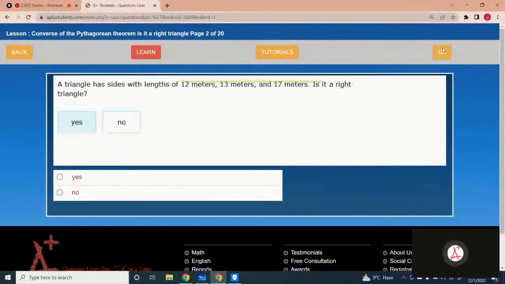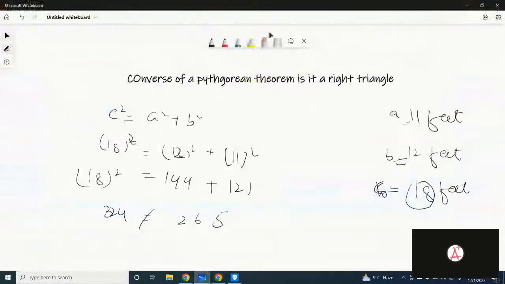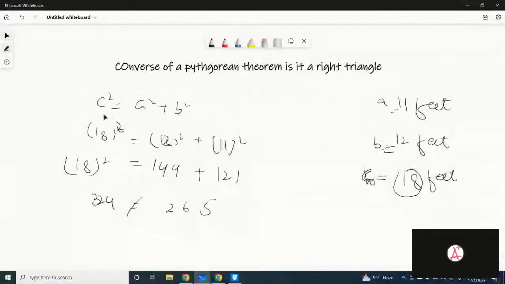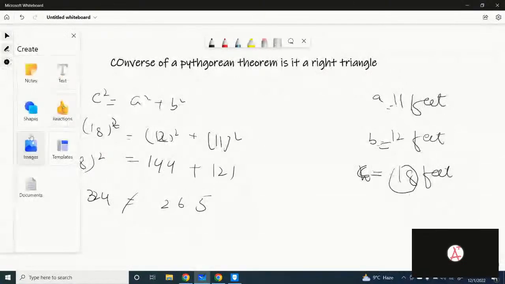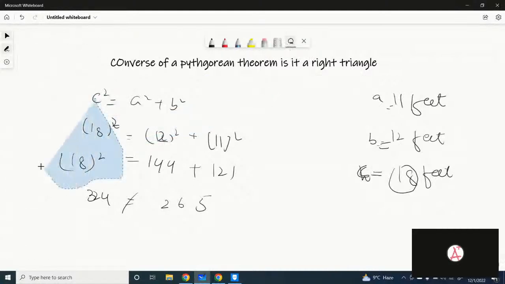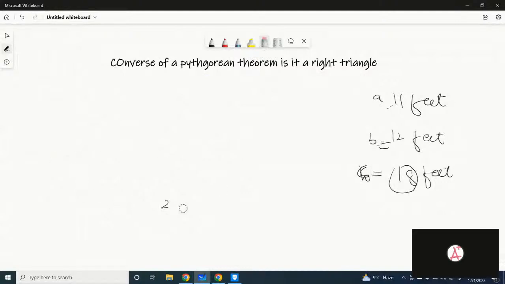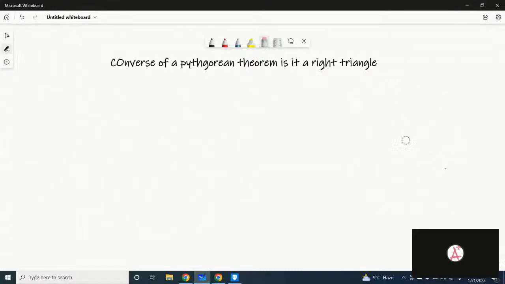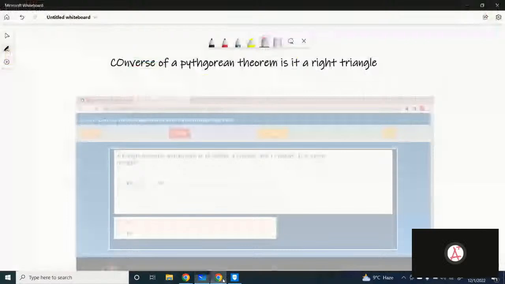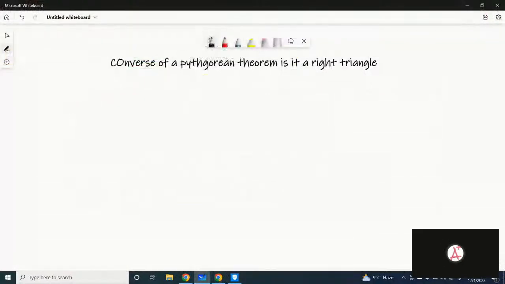Okay, the next one is a triangle with side lengths 12 meters, 13 meters, and 17 meters. 12, 13, and 17.